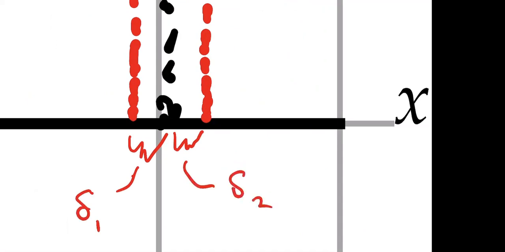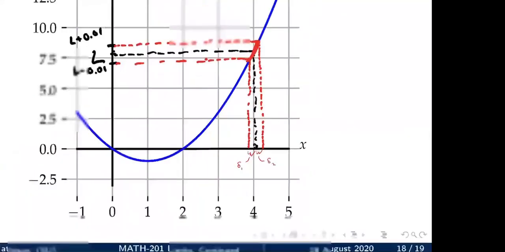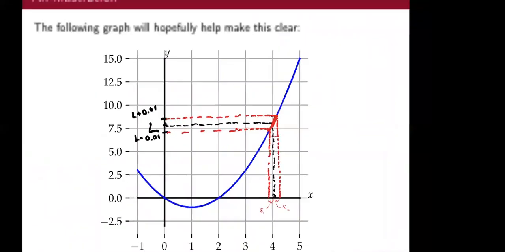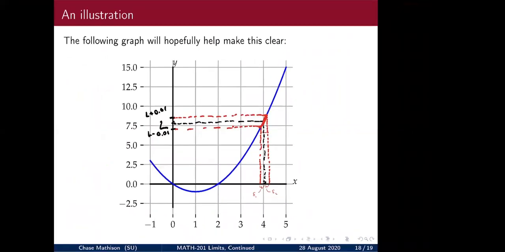So as long as we stay within the smaller of these two intervals, we're going to stay within epsilon units up here. Okay, and so actually delta 1 is the smaller one because this one's a little bigger. So you would take delta equal, in this case, to delta 1 to make sure that we are staying between these two red lines up here on the graph. Okay, so lots of zooming in on the graph.